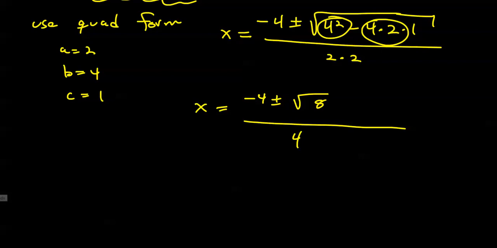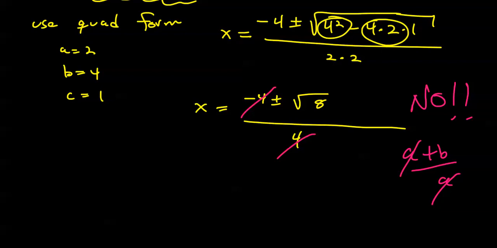Now let me try something here. A lot of students would cancel those 4's out. But you can't. Why not? You cannot cancel terms of a sum across a fraction bar.